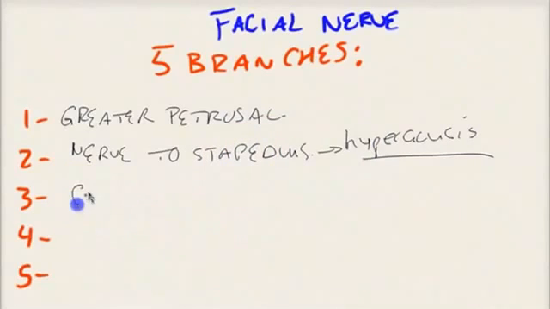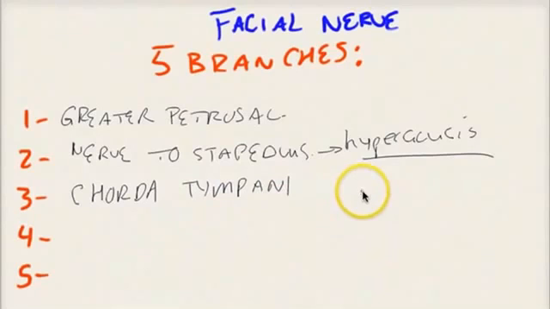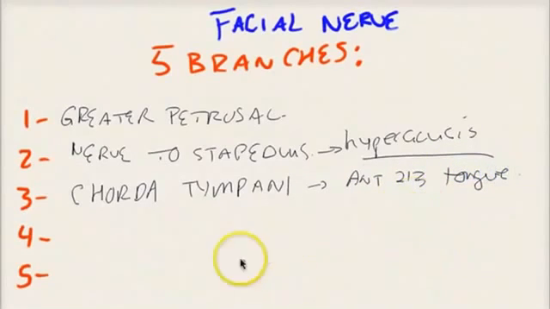Then we have a branch to the chorda tympani. Okay, this branch goes to the submandibular gland, the sublingual gland, and it provides taste to the anterior 2/3 of the tongue. Okay, next up is the posterior auricular nerve.